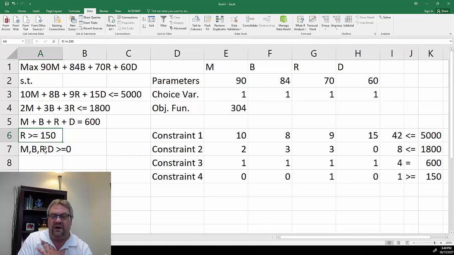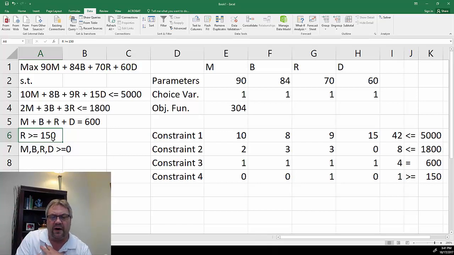We've changed the non-negativity constraint. In the first video of week 2, we talked about the reduced cost, which tells us what would happen to our production values or choice variables if we change the non-negativity constraint by 1 unit. Well, you can set some of your choice variables to other than greater than or equal to 0, and that's what we're doing here.